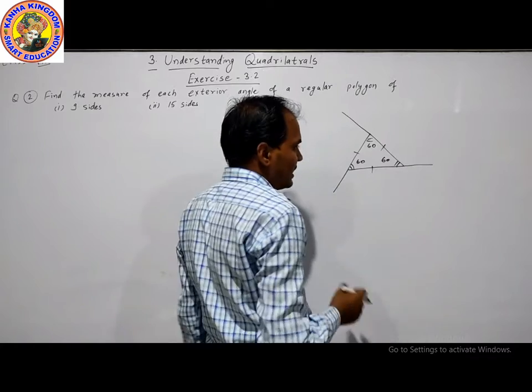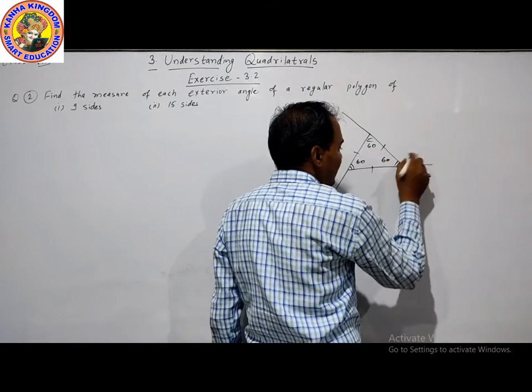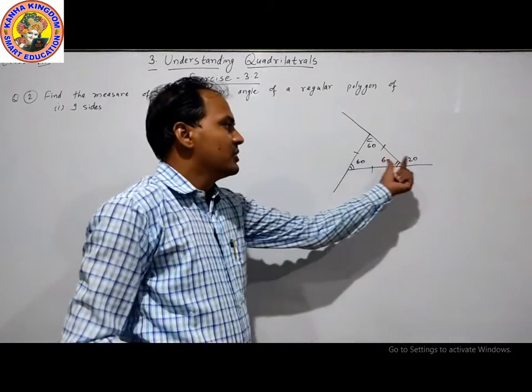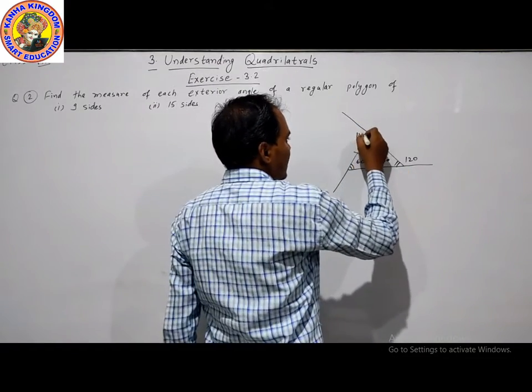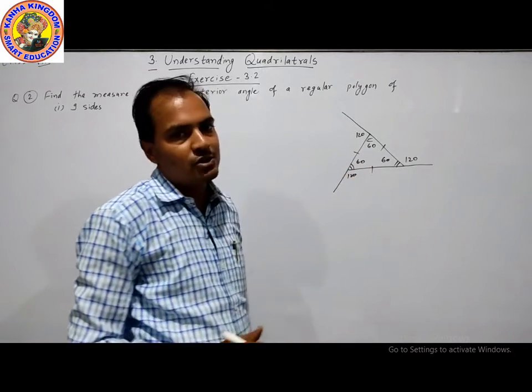If three angles are equal, then each is 60, 60, 60, total 180 degrees in a triangle. Find the value of the exterior angle. This is 60; by linear pair, the angle is 180, so 180 minus 60 is 120. 60 plus 120 is 180, a linear pair. This is also 120, and this is also 120. The exterior angles are also the same.